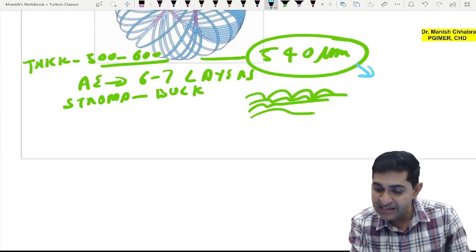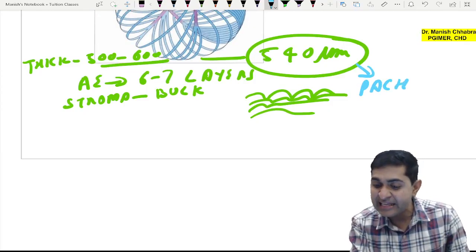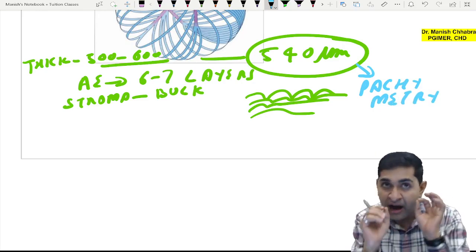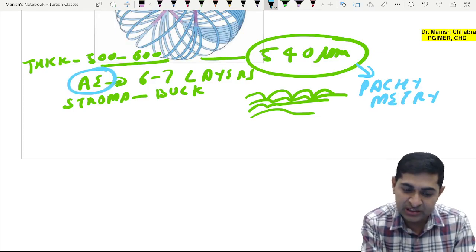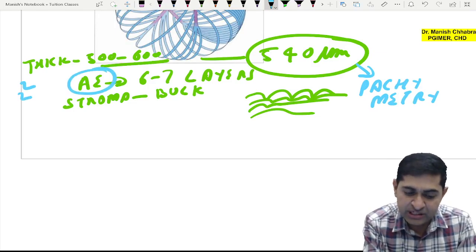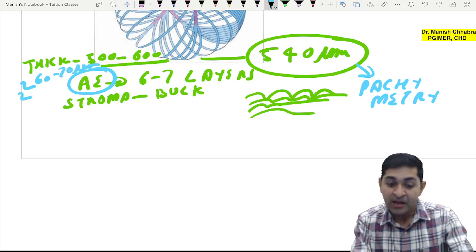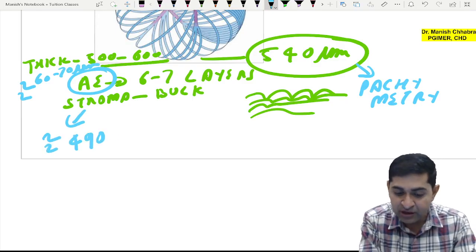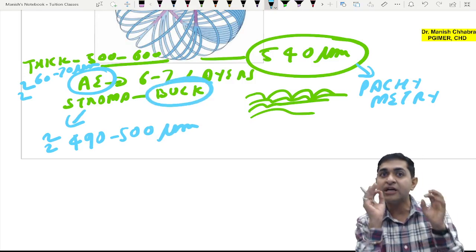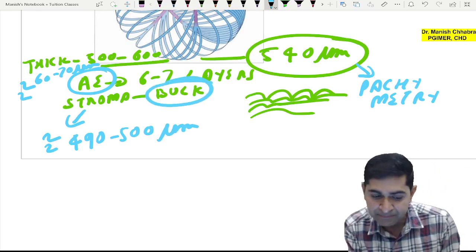The process is known as pachymetry. Out of this 540 micron, the anterior epithelium is approximately 60 to 70 micron, while the stroma is approximately 490 to 500 micron. That is why I told you that it forms the bulk of the cornea.